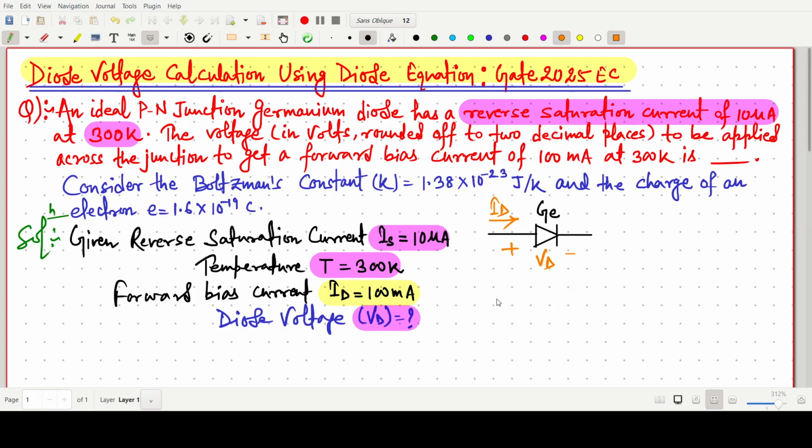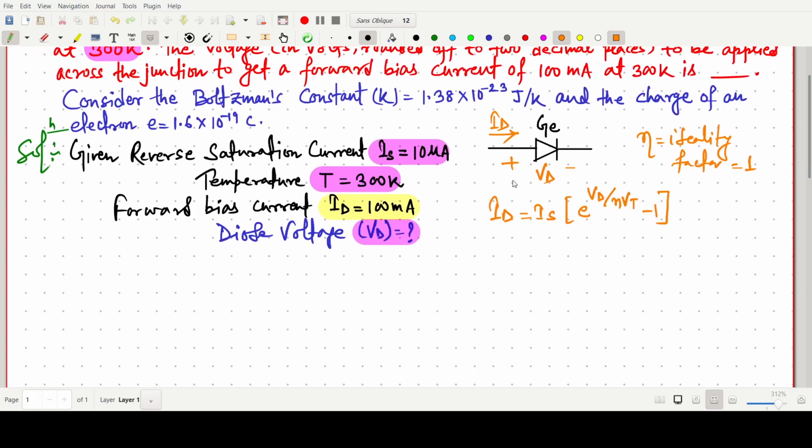So as we know, the diode equation can be written as Id equals Is e to the power Vd by eta Vt minus 1, where eta, that is our ideality factor, nothing is given, so we have to take it as 1. So the equation will be simply Id equals Is times e to the power Vd by Vt minus 1.